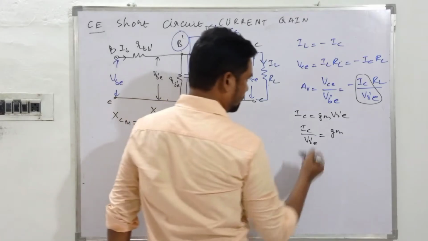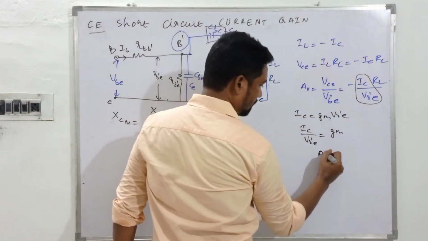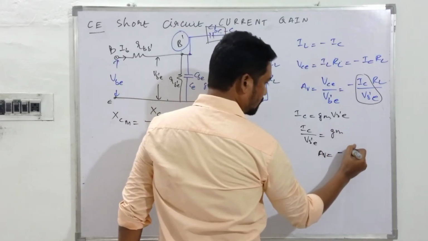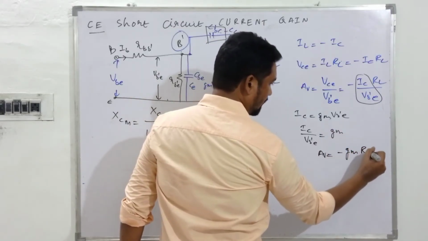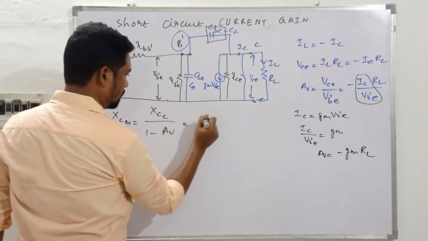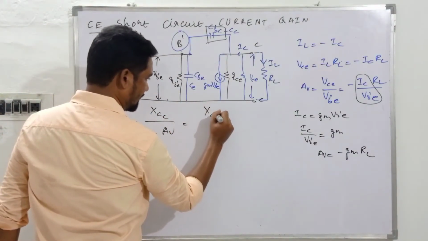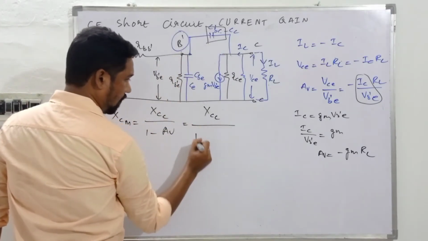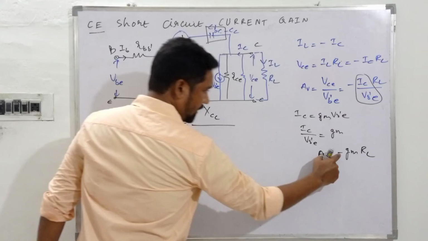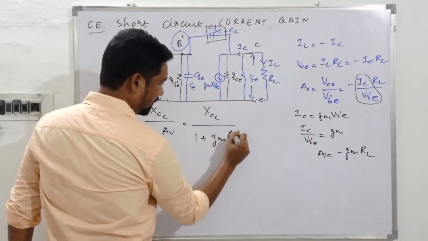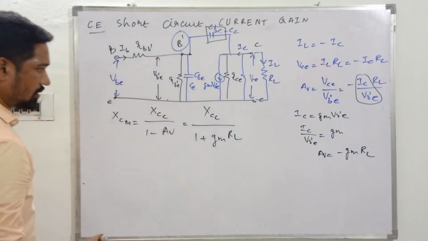So we have another equation for that. AV, plugging in the value of this ratio, is minus GM RL, right? Now plug this one over here. So XCM will be equal to XCC, that one, which is common between this point and this point, by 1, negative, that becomes positive, into GM RL, right?